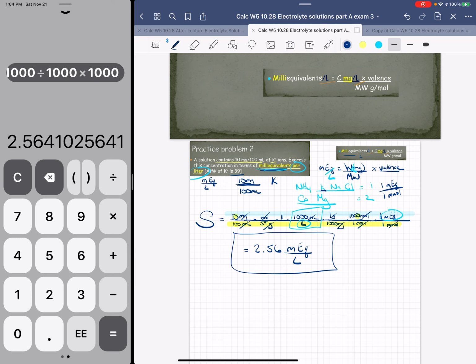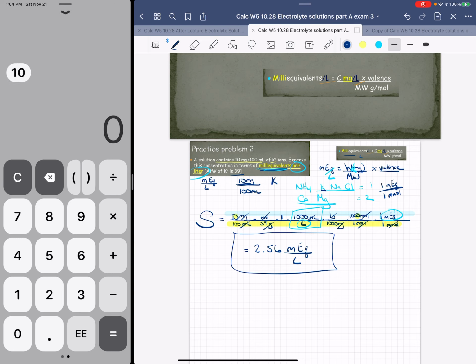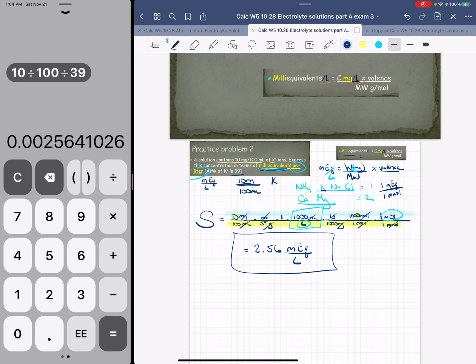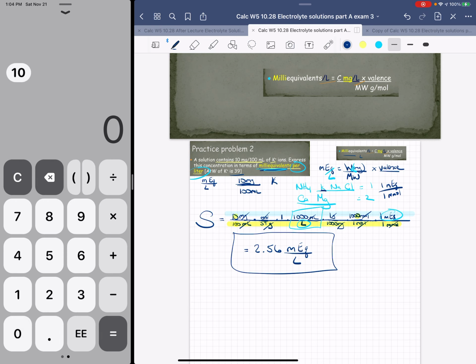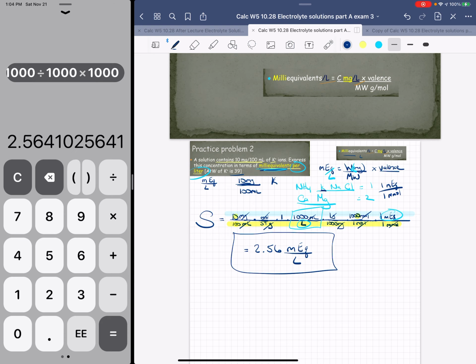Also, in a high-stakes situation, I will always double check my math on my calculator at least one time, make sure I get the same answer twice. If I do, I should be good to go, and then I will move on. 10 divided by 100 divided by 39 multiplied by 1,000 divided by 1,000 multiplied by 1,000, and again I got 2.56.